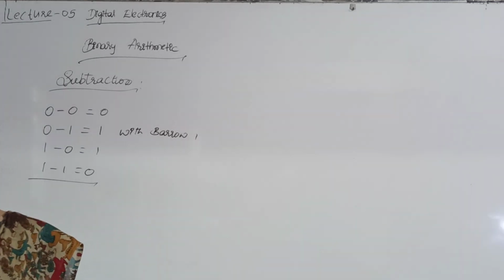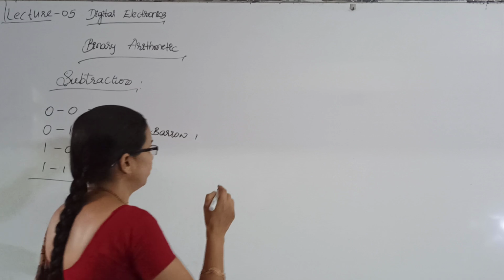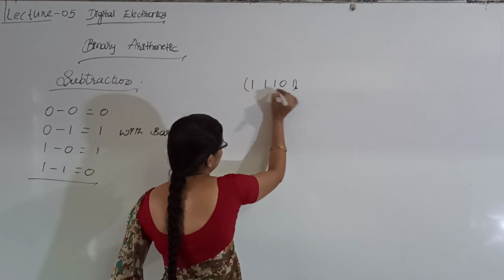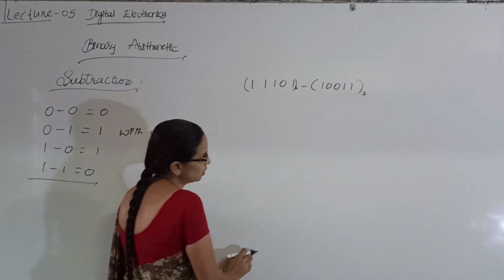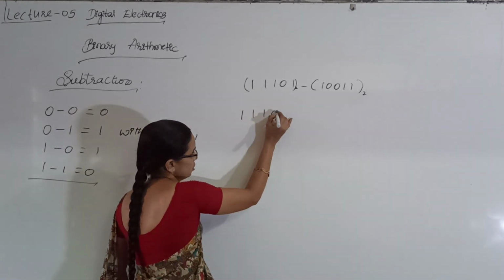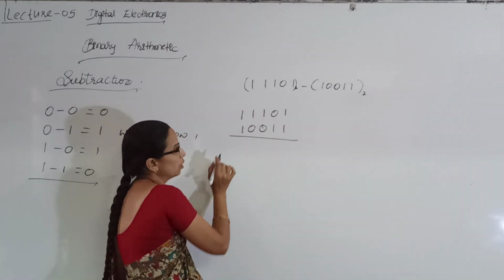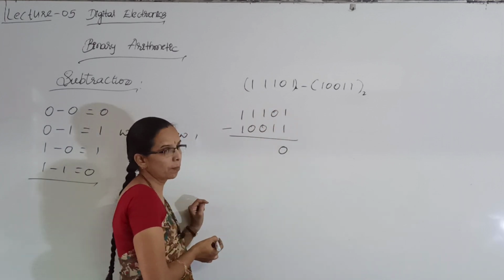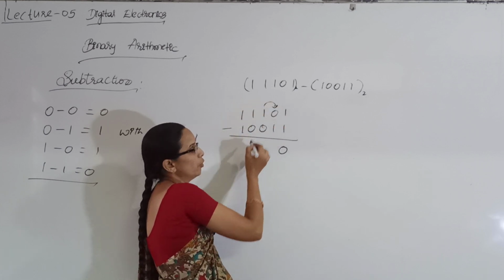We will take an example problem. 1001111101 minus 10011 is the given problem. This is a subtrahend and this is a minuend. 1110110011 minus, you have to subtract. 1 minus 1 is 0, 0 minus 1 you cannot do, so you will take a borrow from here.